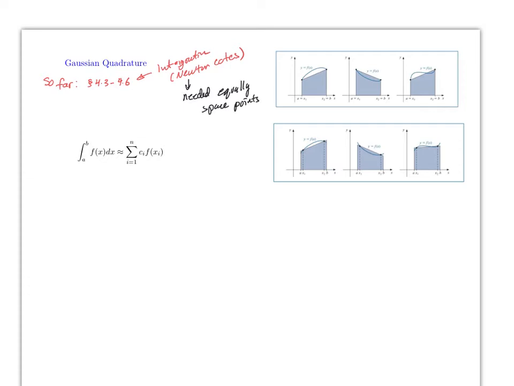That makes it easier for computations, but it may reduce the precision, but it's good for computational purposes, and it's also easy to create the composite trapezoid and the composite Simpson. But let's see why the equally spaced points may not be the best thing.